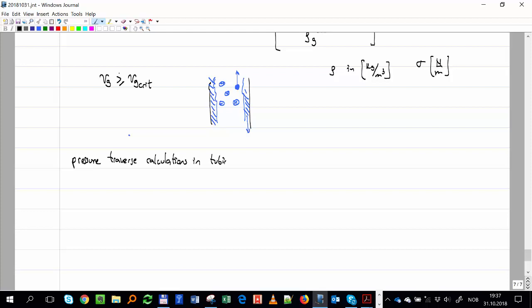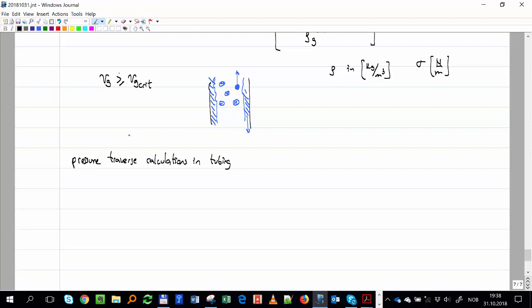In the tubing. Okay, so far we have calculated pressure either at the discharge of the tubing or at the inlet of the tubing. Okay, but to make this calculation, like to verify erosion, verify liquid loading, sometimes we're interested to see how pressure, how velocity, how rate changes along the tubing.